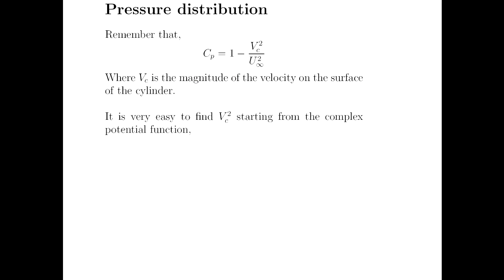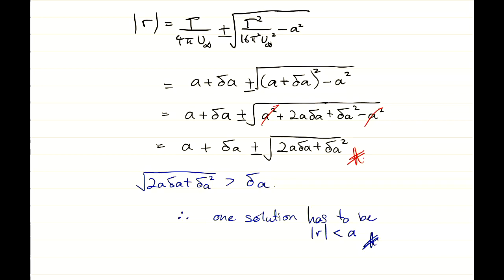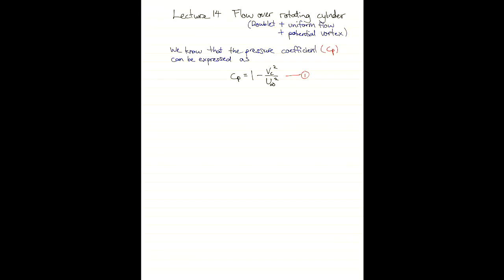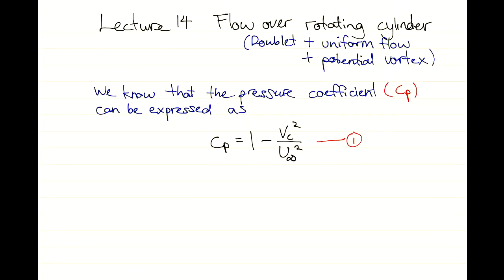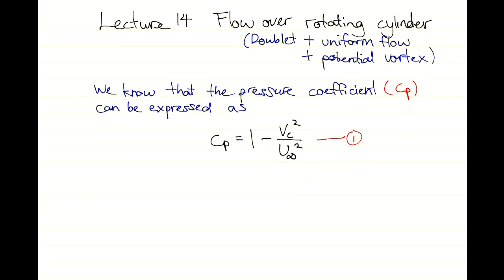And therefore it's very easy to find Vc squared if we start from our complex potential function. So let's try and do this together. If you can't remember, I'll write a short note here.